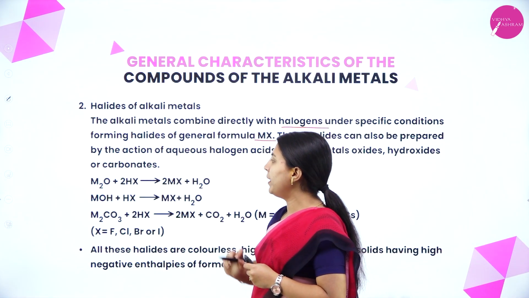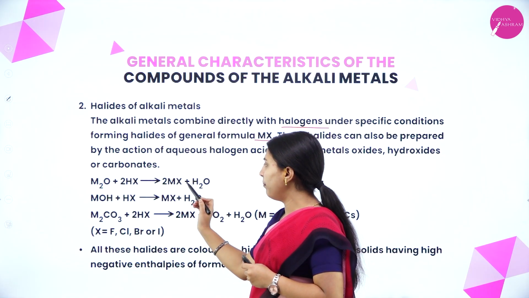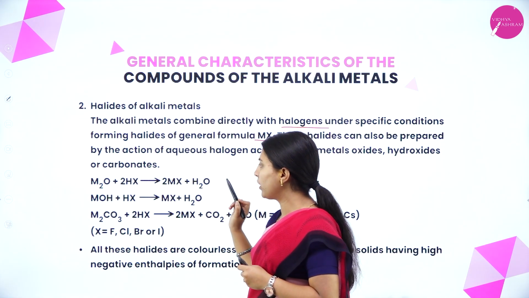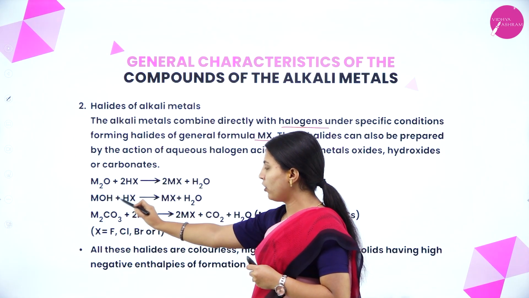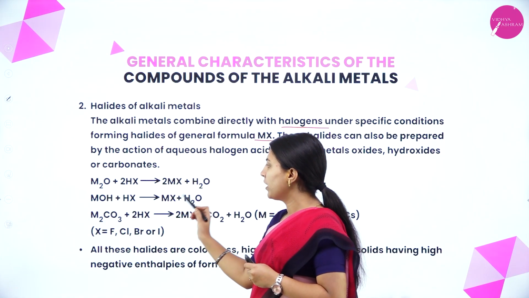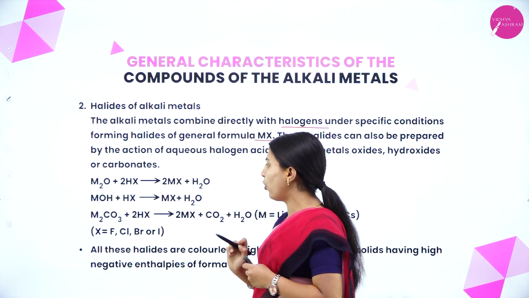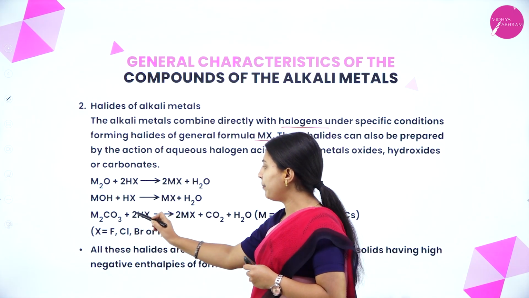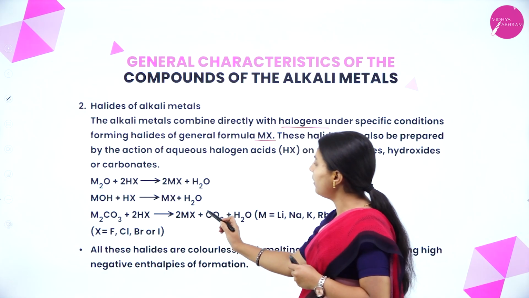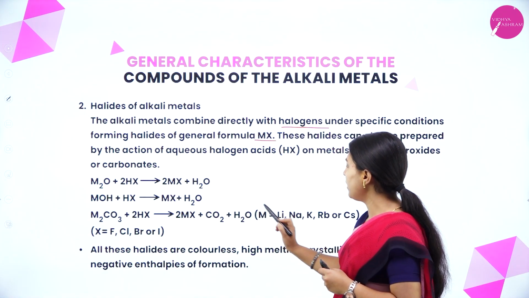Metal oxide plus hydrogen halide will form metal halide with the liberation of water. This is metal hydroxide plus hydrogen halide. This will also form metal halide with water. This is metal carbonate plus hydrogen halide. It will form metal halide plus carbon dioxide plus water.